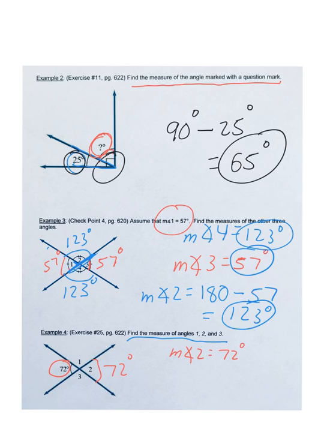And by the way, I should have mentioned this in the last example: if you decide to put tick marks, the angles that are equal should have the same number of tick marks. So if I put one tick mark in angle 2 and one tick mark over here, that simply means those angles are equal in measurement, or they're congruent. If I look back at example 3, angles 1 and 3 had one tick mark, which means they are equal to each other.